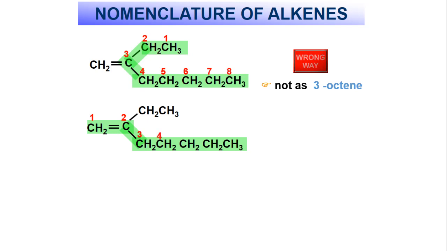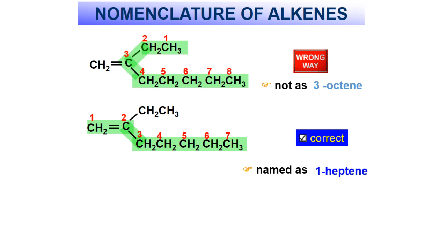So you have 1, 2, 3, 4, 5, 6, 7, and this is the correct route, known as 1-heptene. This is just talking about the position of the double bond, which is on carbon number 1. Then we can consider the branch.